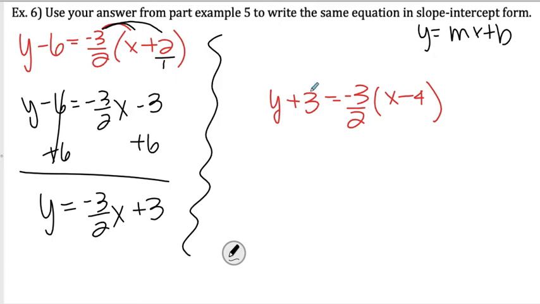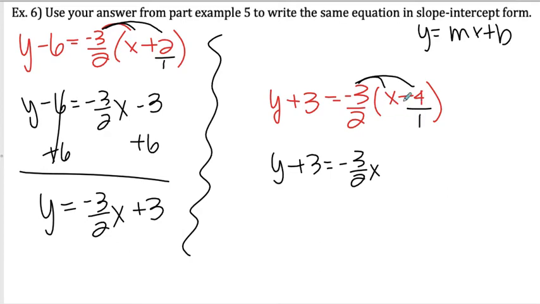So that first step to get y by itself, we need to distribute our -3/2. So I'm going to rewrite my y plus 3. And -3/2 times x is -3/2 x. -3/2 times -4. So again, the best thing to do here is to put this over 1. 2 cancels into 4 2 times, and then -3 times -2 would give us a +6 here.